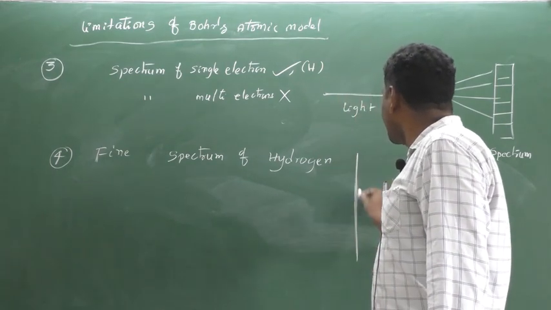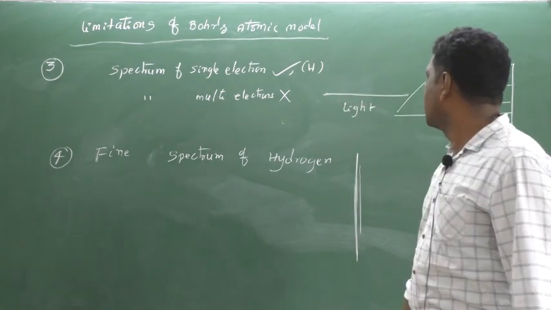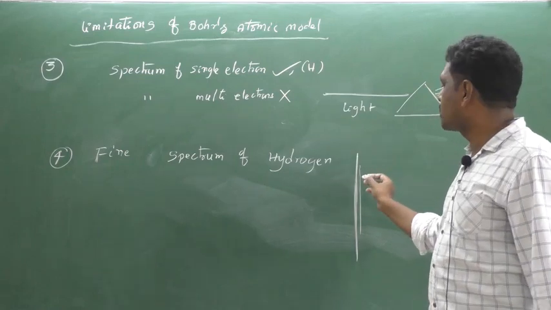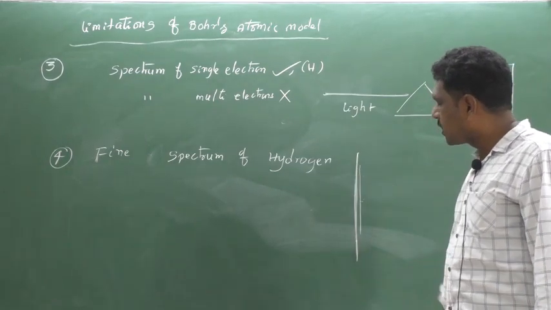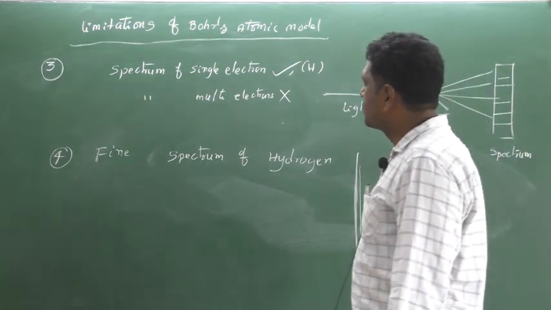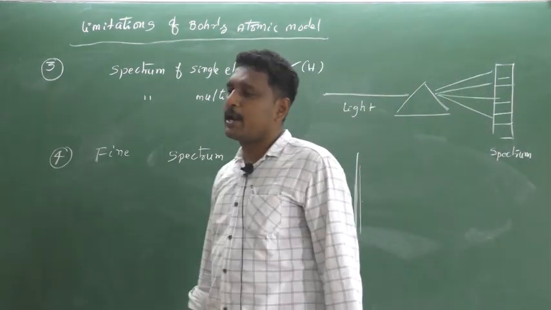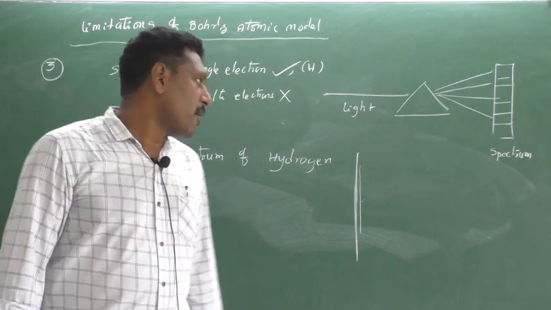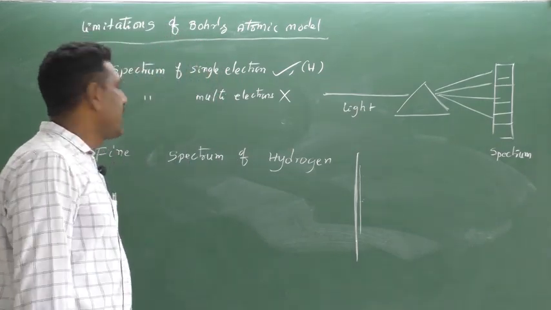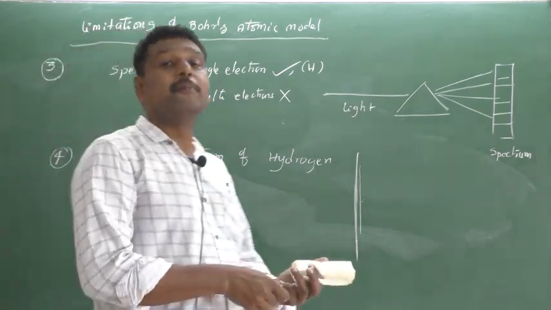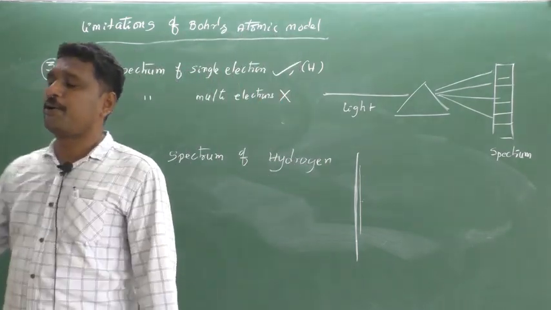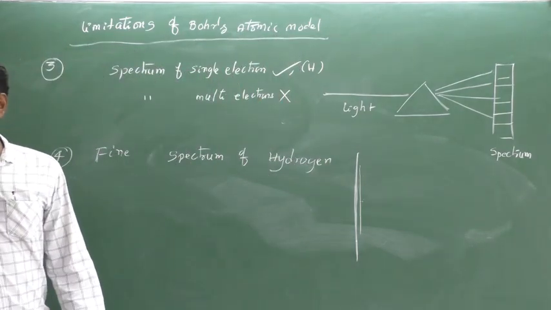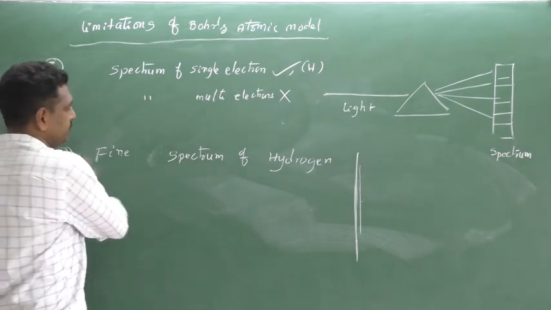Then it is combined with another line like this; this is also called a doublet. After this, small lines appear. This is called fine spectrum. It failed to explain the fine spectrum of hydrogen. This is another limitation or demerit of Bohr's atomic model.